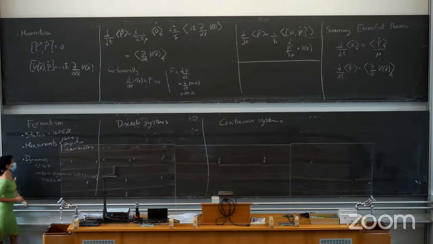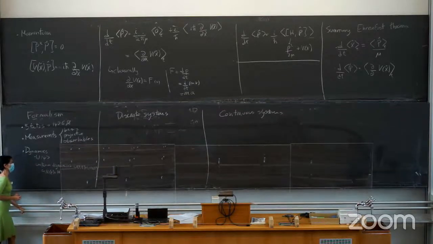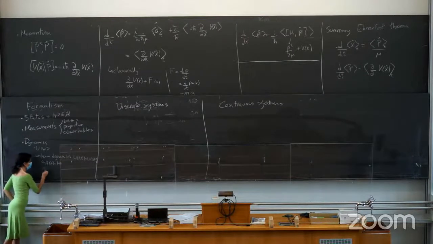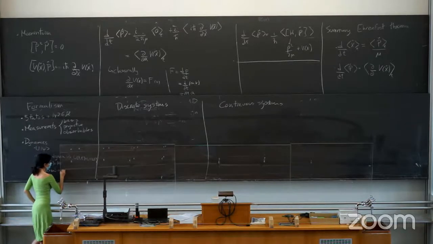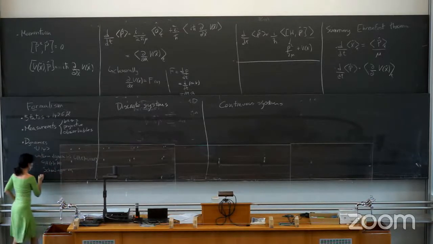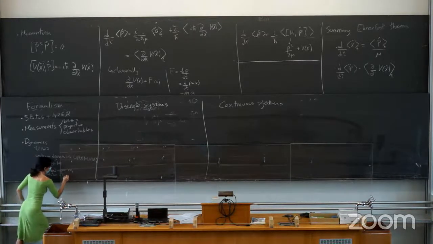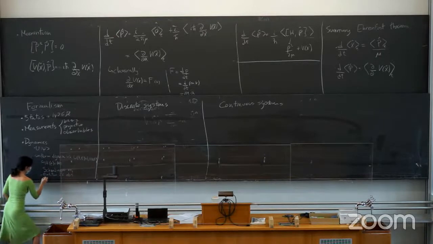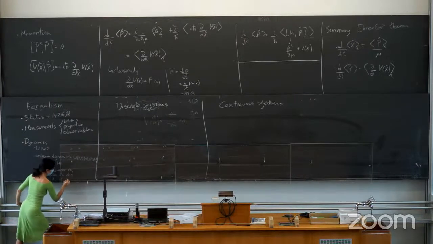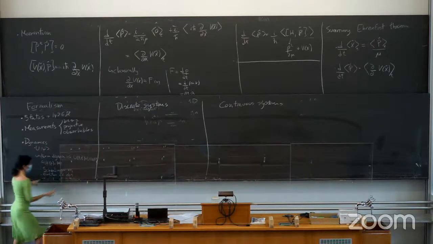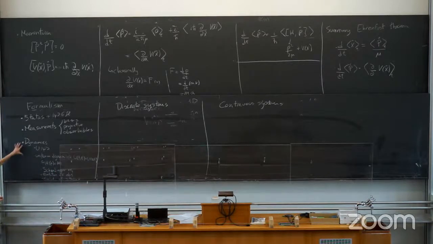We looked at the Schrödinger equation, we saw evolution of observables, and evolution of states. Okay, so we've been applying this both to discrete systems and to continuous systems, right? So here, oh, and something else we did.